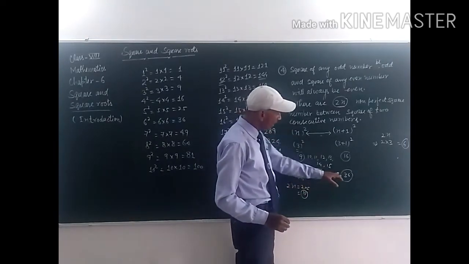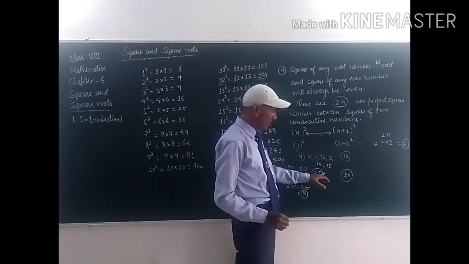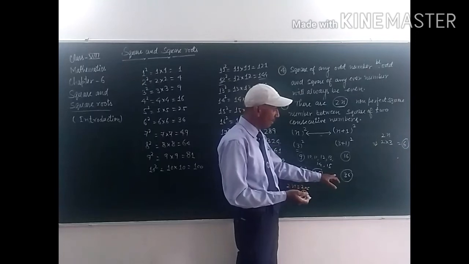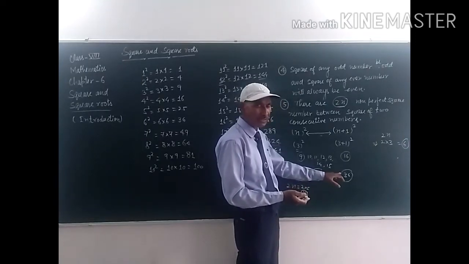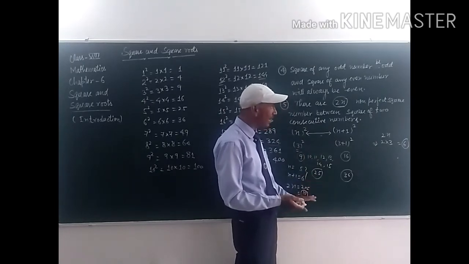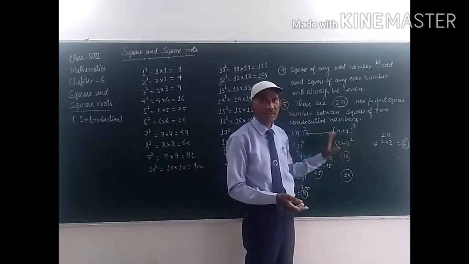So, what are the numbers? 26, 27, 28, 29, 30, 31, 32, 33, 34 and 35. These are 10 numbers, student, and these are non-perfect square numbers. Clear?